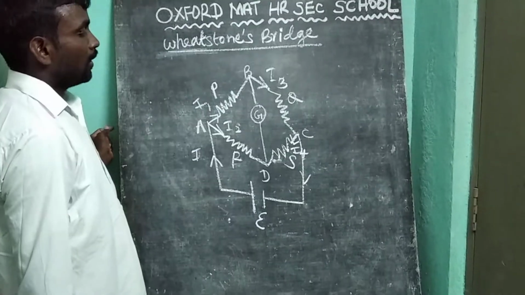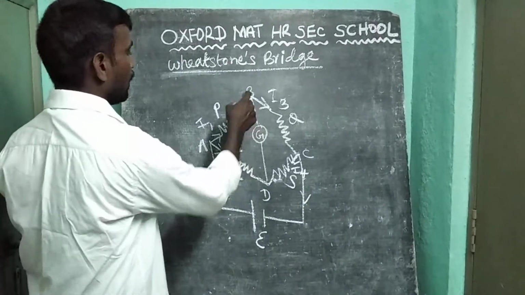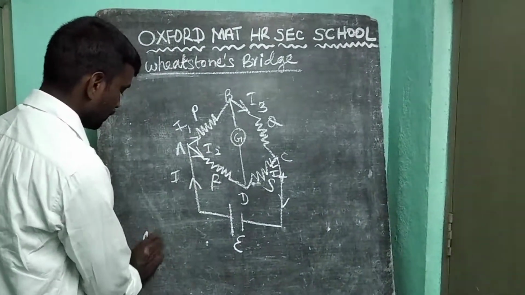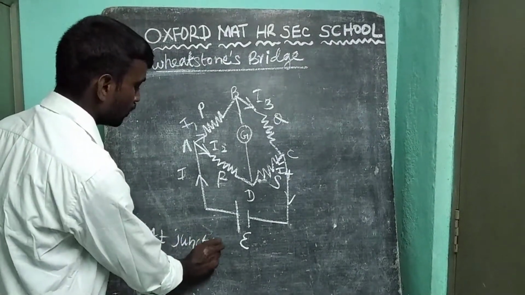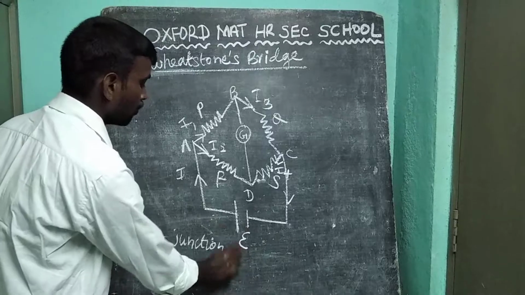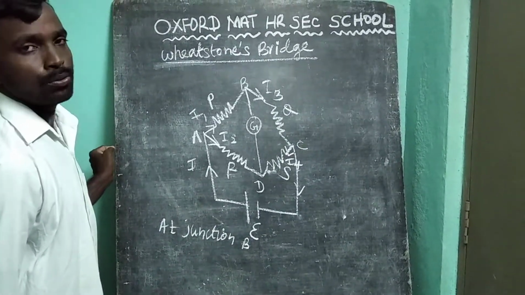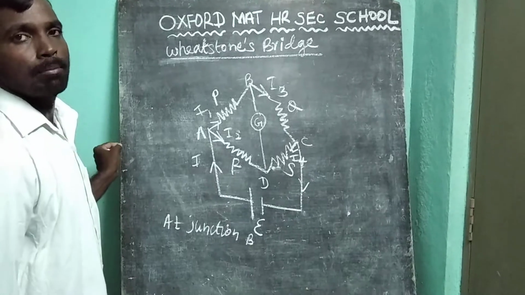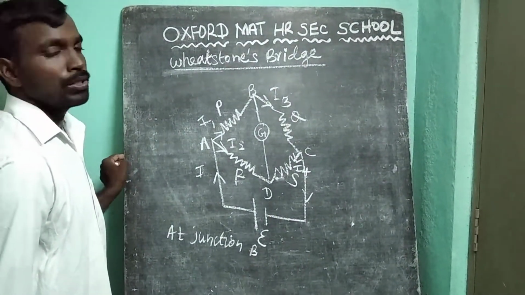Applying Kirchhoff's first rule at junction B. Kirchhoff's first rule states that the algebraic sum of currents meeting at a junction is equal to 0.